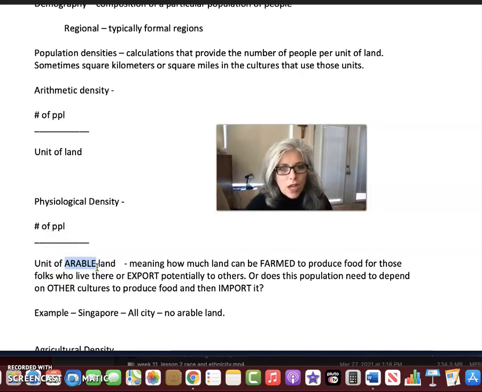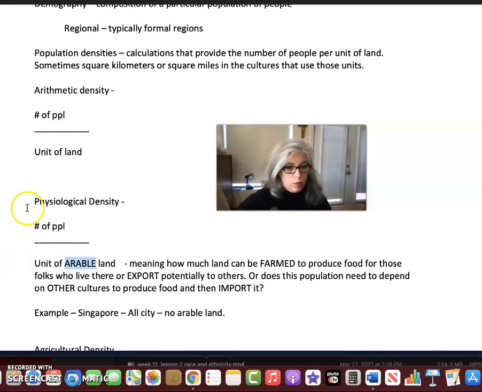And I believe we have talked about this word before, but arable land means the land that's ready to be farmed or that is in farm production. And arable land indicates how food secure a particular population is. So if you have a number of people with a very small number of arable land units, then that group of people is going to have to be dependent on importing their food from other places that have more land available to produce it.